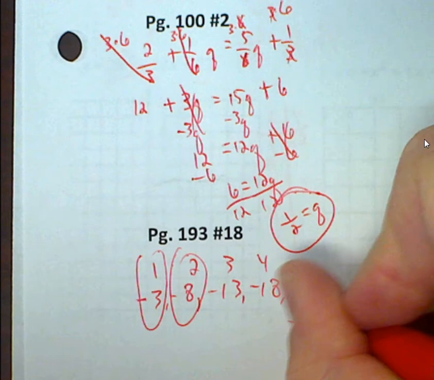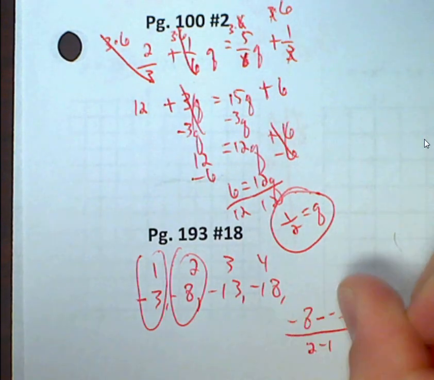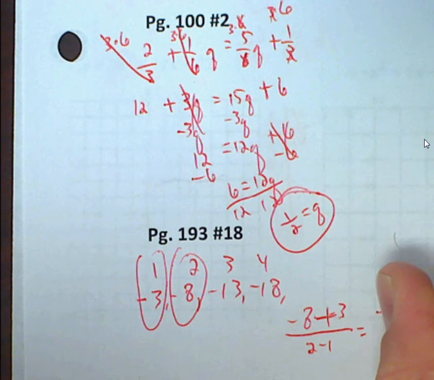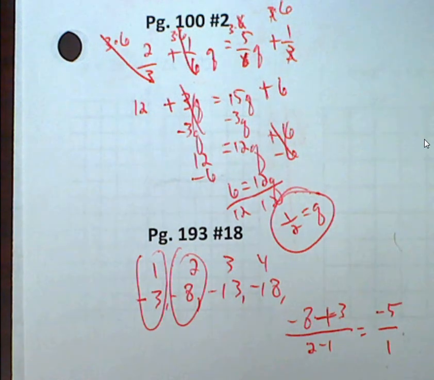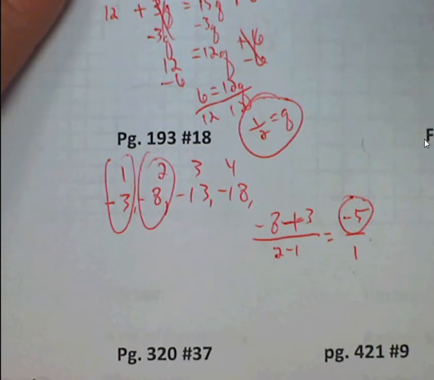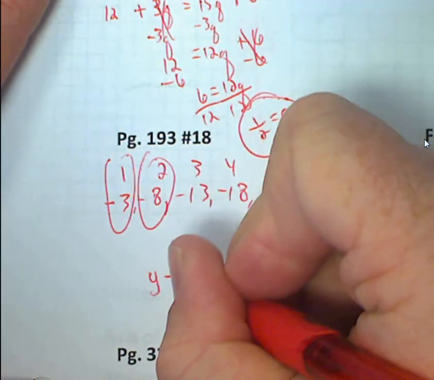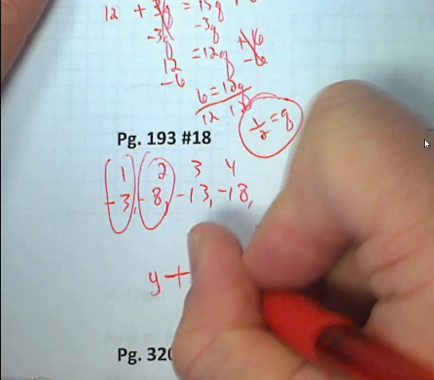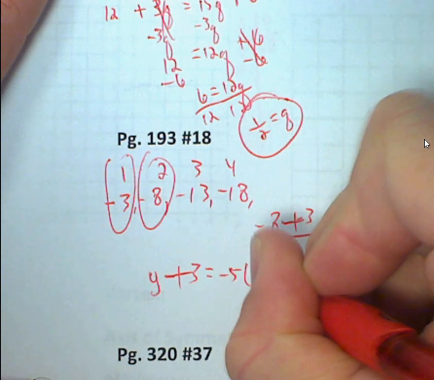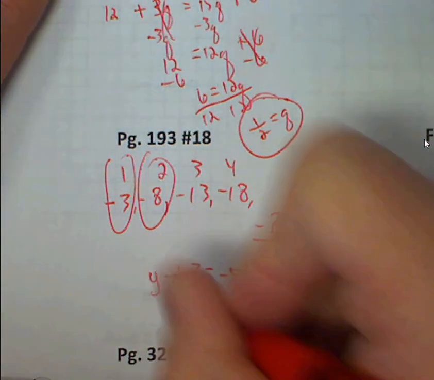So I'm going to say -8 minus -3 over 2 minus 1. That would give me -5 over 1. Okay, so my slope is -5. So I go ahead and say y minus y1, which is -3, equals -5 times x minus x1, which is 1.